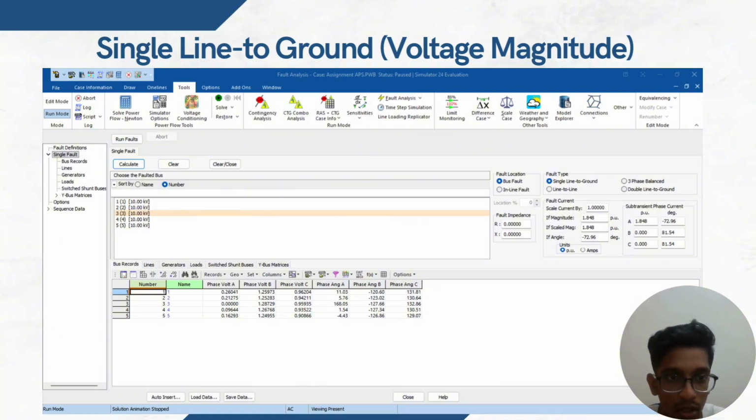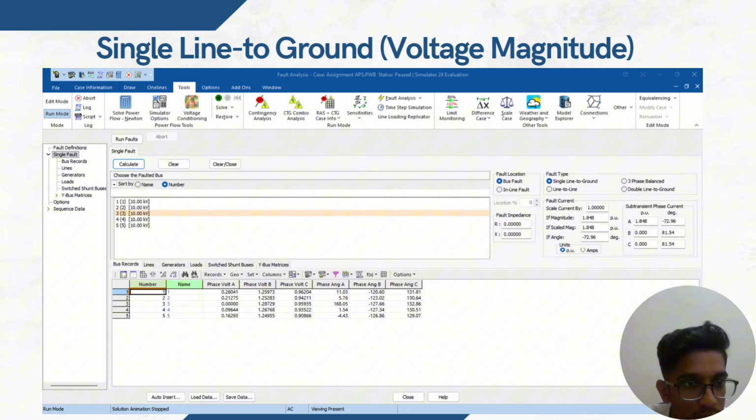Our fault current scale is 1.0, magnitude is 1.043, scaled magnitude is 1.048, and angle is negative 72.96.